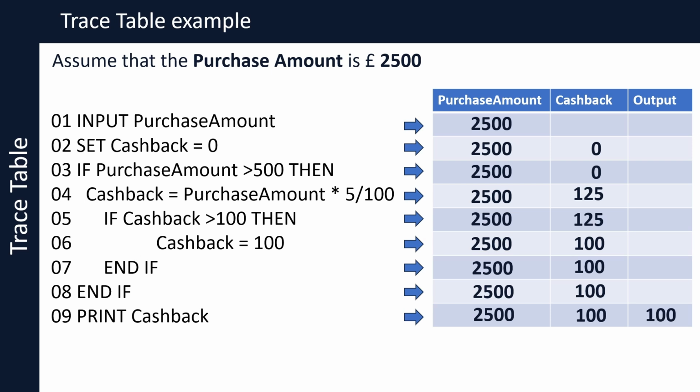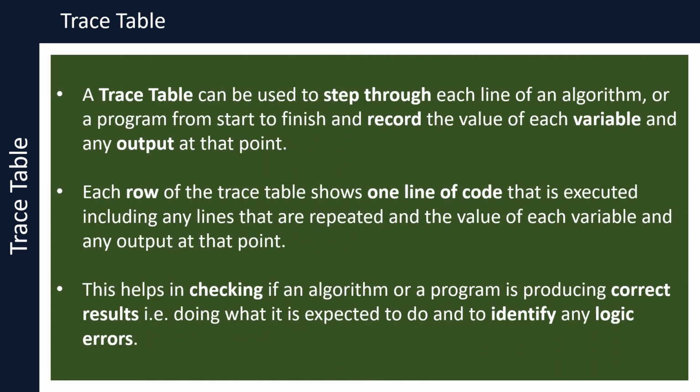I hope you got the idea of how trace tables can be used to step through each line of code to inspect the value of each variable and any output at that point. Let's recap. A trace table can be used to step through each line of an algorithm or a program from start to finish and record the value of each variable and any output at that point.